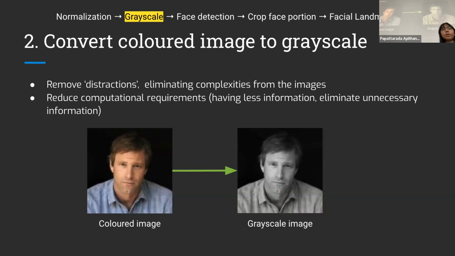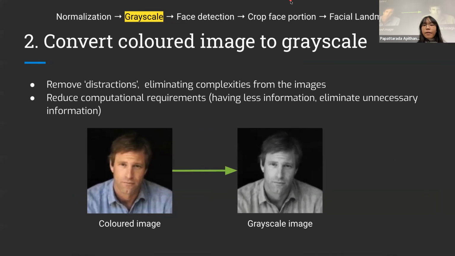Sometimes we wouldn't want that because it creates unnecessary information, making it harder for the model to learn. In this case, we want to reduce certain computational requirements so that our model can have an easier time to learn. Okay, so that is converting to grayscale.